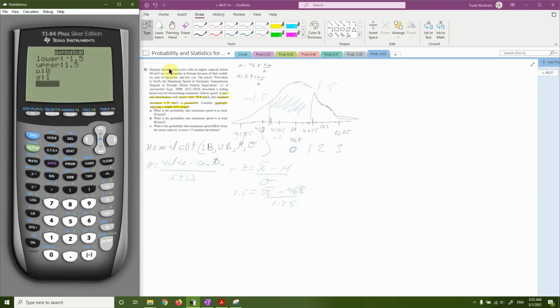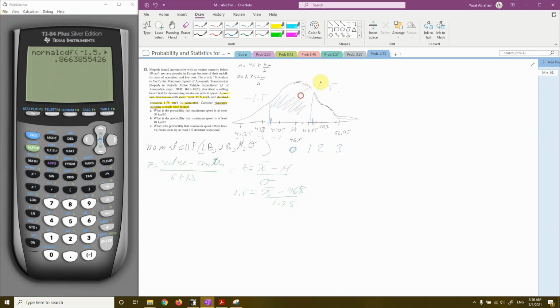So pretty much that's what it's saying: what's the probability of the maximum speed differing from the mean by at most 1.5 standard deviations. When we do that, you get this. The probability is 0.8664 or 86.64% for this to happen.